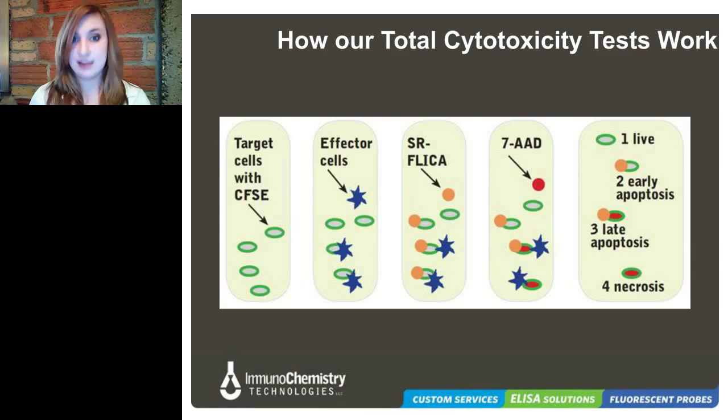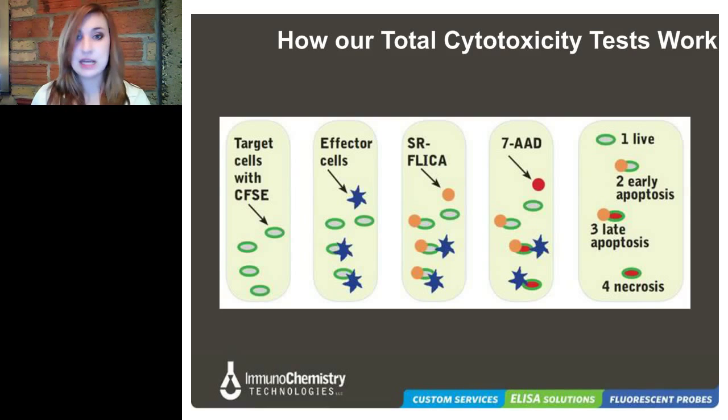Then at the next step, we would add our live dead stain, the 7-AAD again, which, like in the basic kit, is going to enter the cells with compromised membranes, in necrosis and late apoptotic cells, and bind to that DNA. The 7-AAD stain is not going to enter any cells with intact membranes.